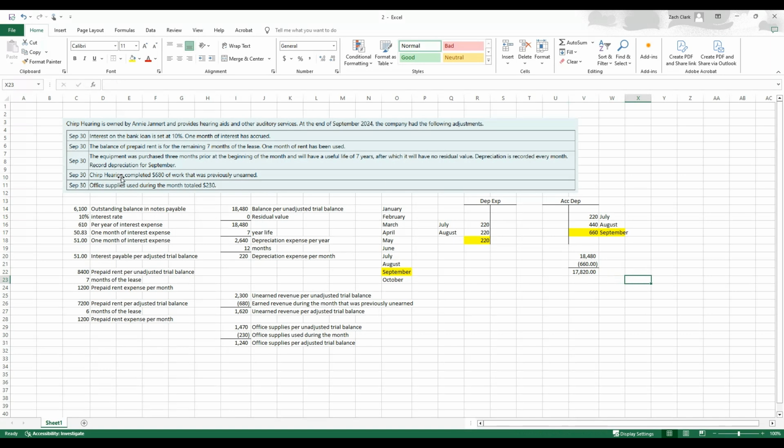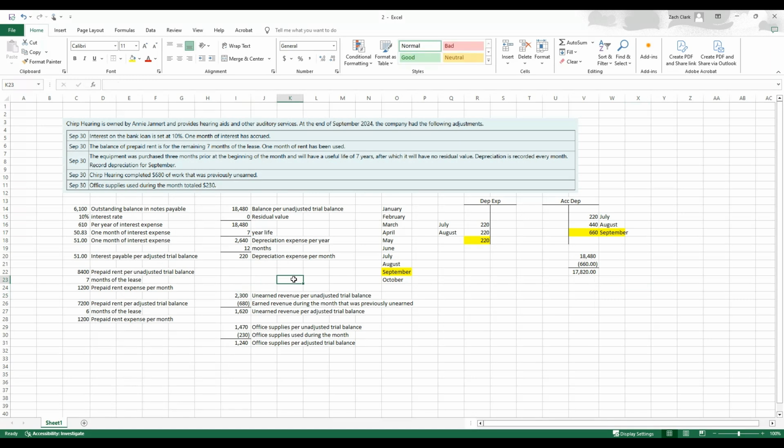All right, 2 more. This one, Chirp Hearing completed $680 of work that was previously unearned. So in this one, we see that we have $2,300 currently in our unearned revenue on the unadjusted trial balance.